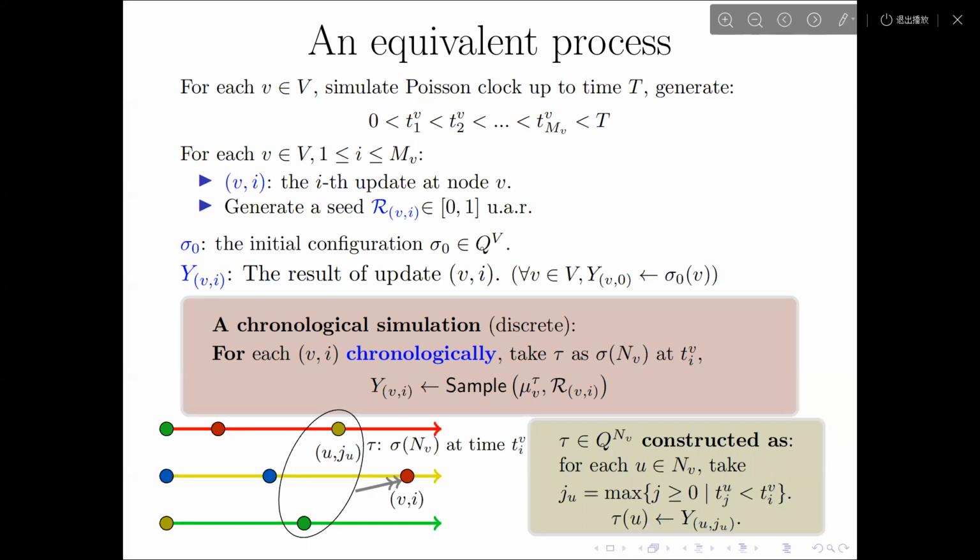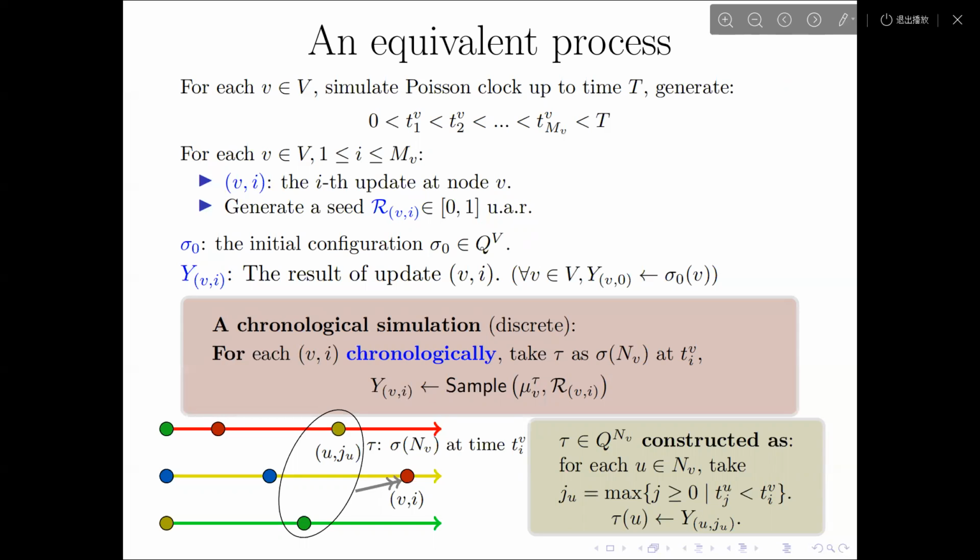In the previous process, the configuration sigma changes at each update time T_{V_i}. We discretize these moments. Let Y_{V_i} denote the result of update V_i. Then the previous process can be stated in a discrete version. For each update V_i, we take tau to be the configuration of the neighbors.